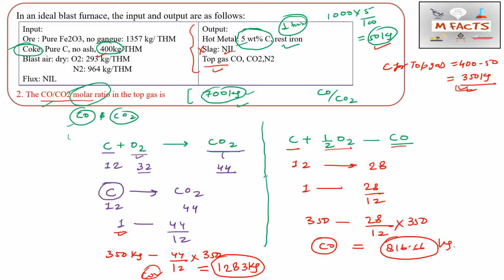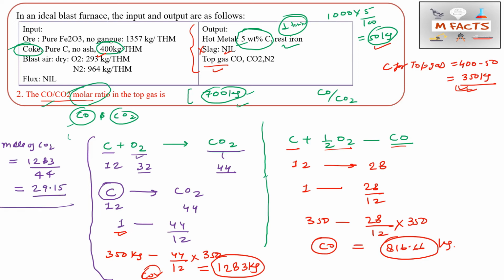Now we need to change these kgs into moles. What is the mole of CO2 produced? We can find it like this: 1283 by 44, the molar weight, which comes to 29.15. So this is in moles. And how to calculate the mole of CO?